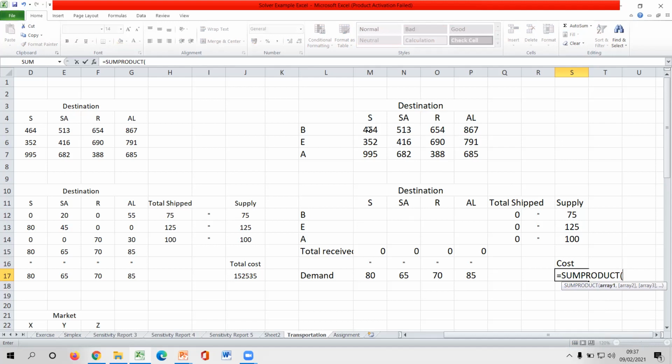Now you have to give the requirement detail. That means you have to multiply this per route cost, and put a comma with the number of routes you are going to fulfill, you are going to incur from destination to supply source. Then you press enter. Now I believe that you understand it, right?